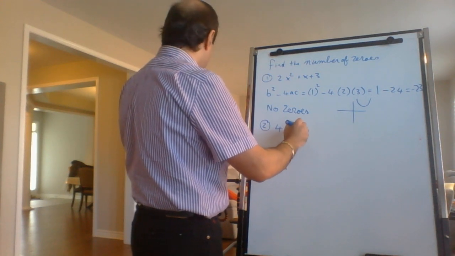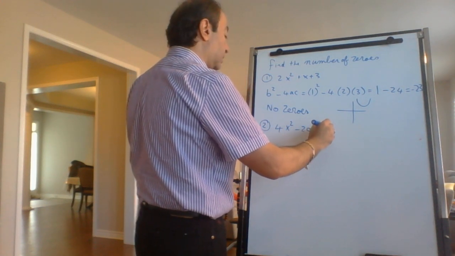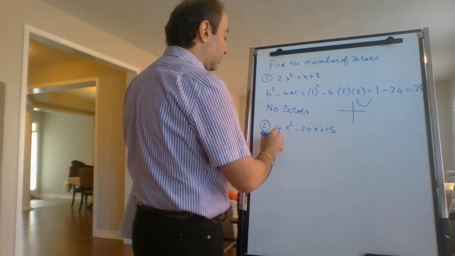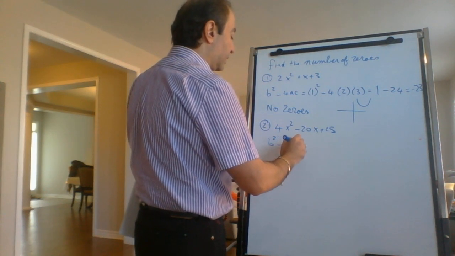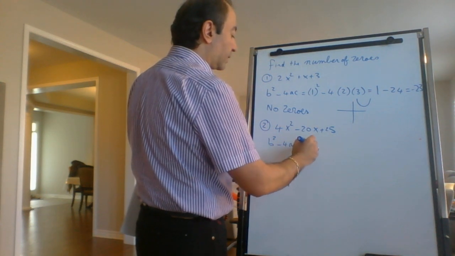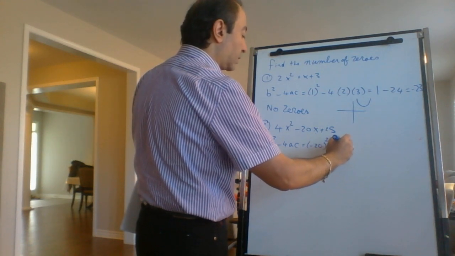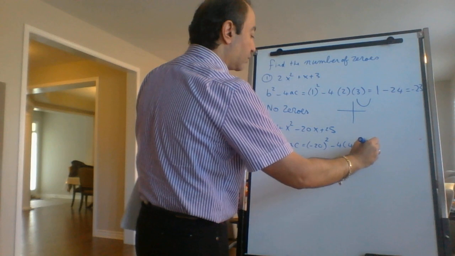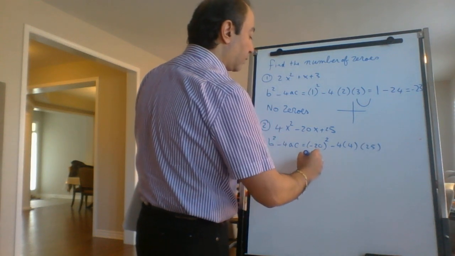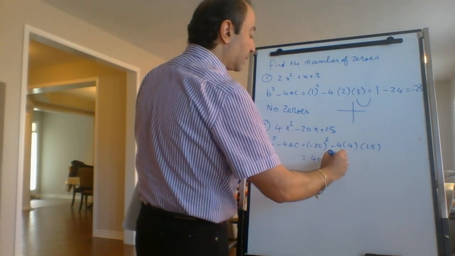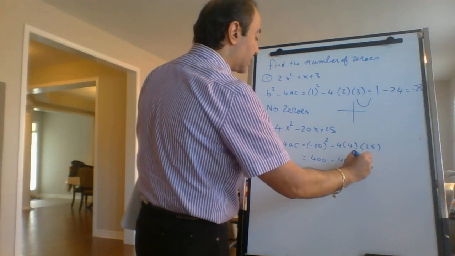4x squared minus 20x plus 25. Yes, b squared minus 4ac. So b squared is negative 20 squared minus 4 times 4 times 25. This is 400 minus 400, which is 0.